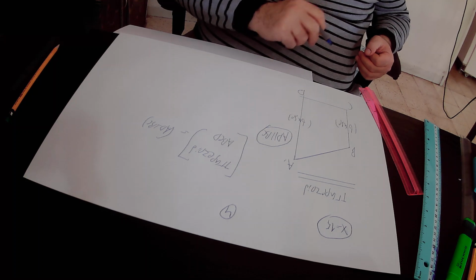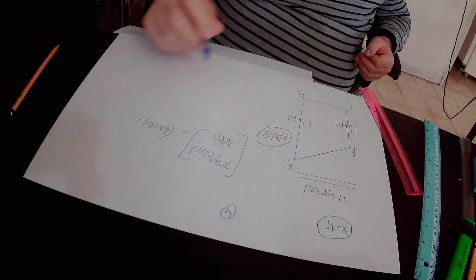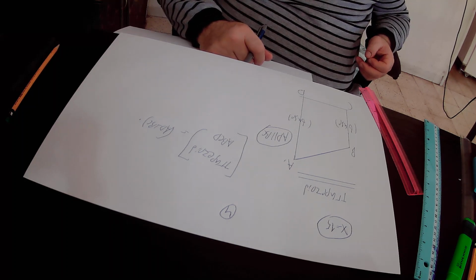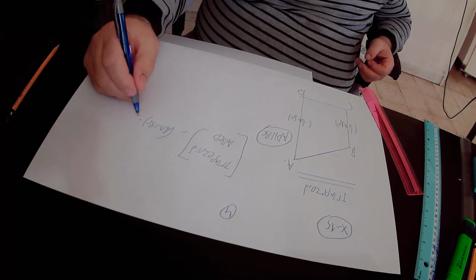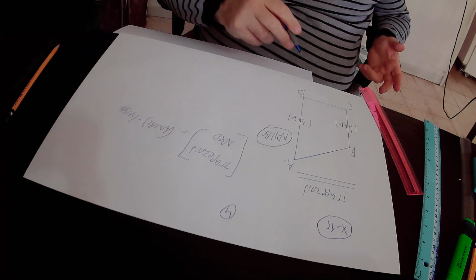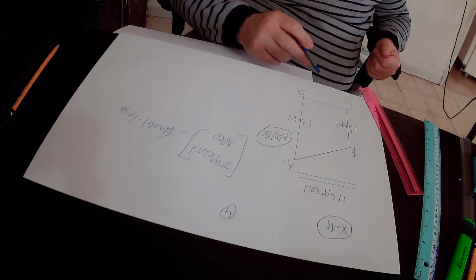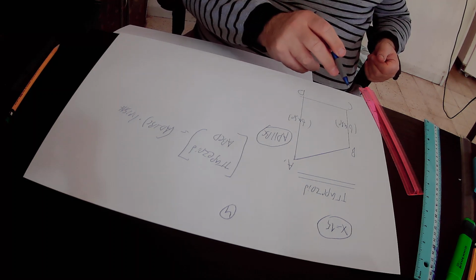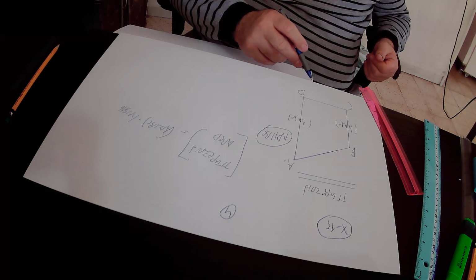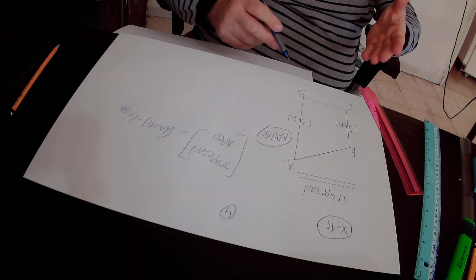The height must create 90 degrees with the base. Actually, the height must create 90 degrees with those two bases, because the two bases are parallel to each other.